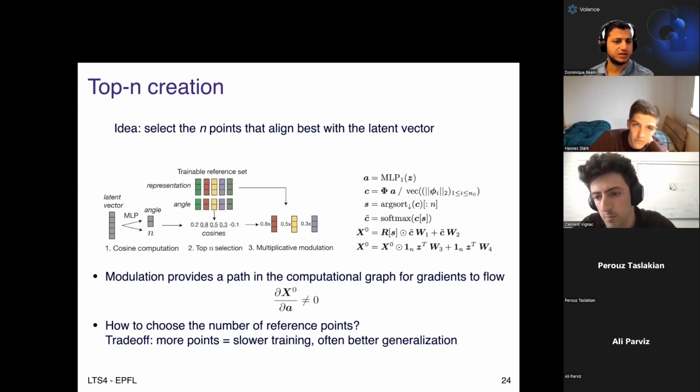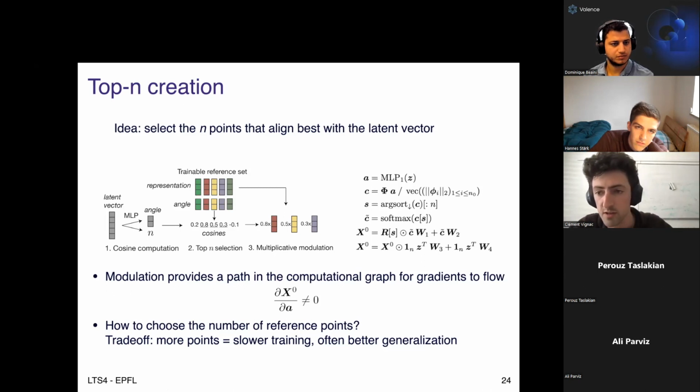Okay, not exactly, because what you're saying is exactly what they did for graph coarsening. And the issue with this is that you will tend to select points that are all similar, because they should all be similar to the latent vector. But here it's slightly different, because for each point in the reference set, you have two vectors.